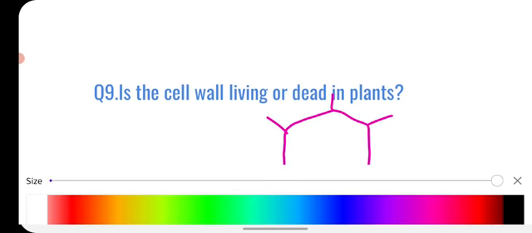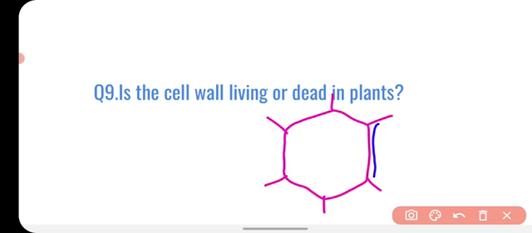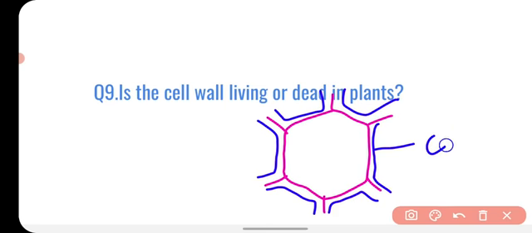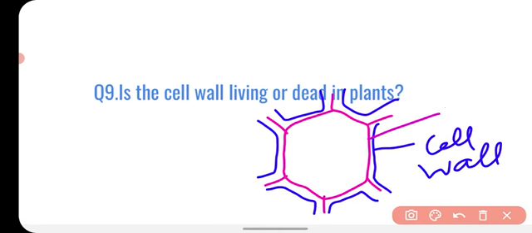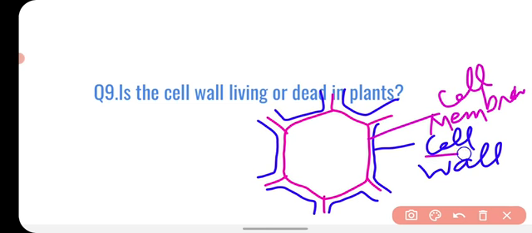Around the cell membrane there is an external covering, and that external covering is called the cell wall. The plant cell has a cell membrane, and around the cell membrane it has an additional covering, that is called the cell wall.